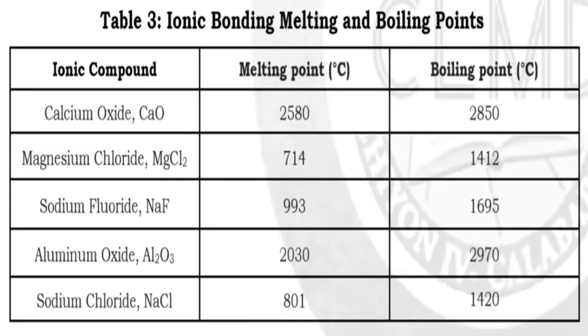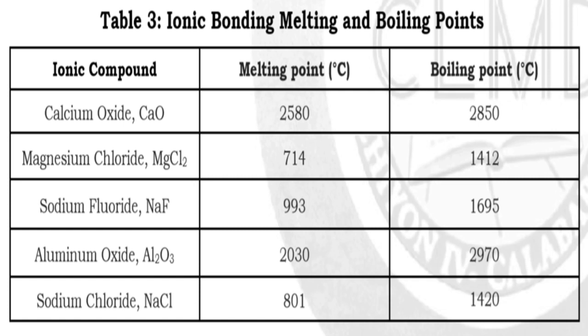Now, let's proceed to the boiling point and melting point of the ionic bondings. Ionic compounds, melting points, and boiling points in degrees Celsius. Example number 1, calcium oxide, formula CaO. The melting point, 2580 degrees Celsius.